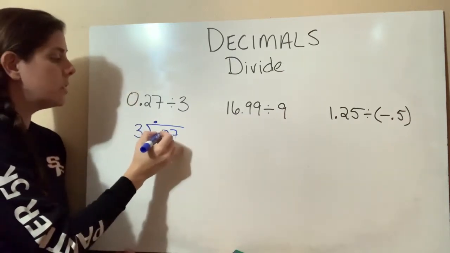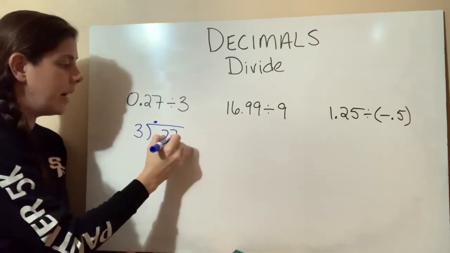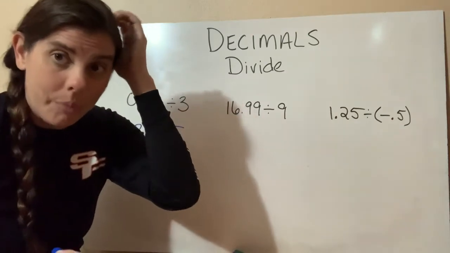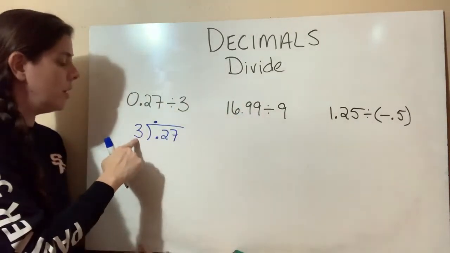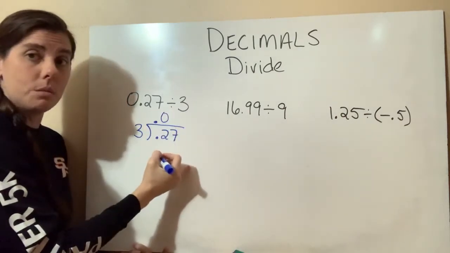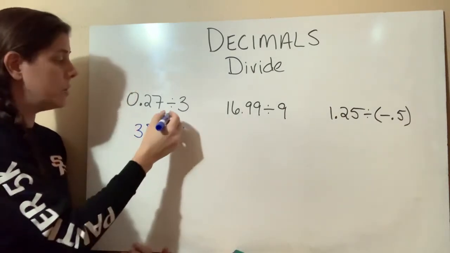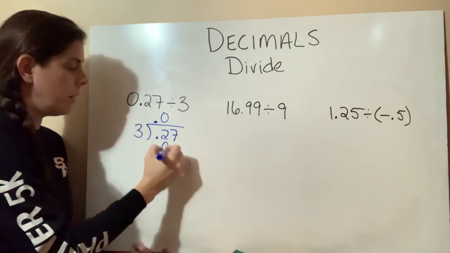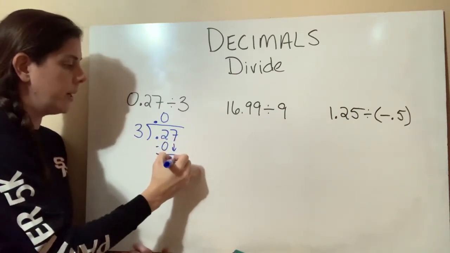So 3 goes into 27 9 times, okay? But we need to know where to put that 9. If we do long division, 3 goes into 2 0 times. 3 does not go into 2 at all. So 0 times 3 is 0. 2 minus 0 is 2. Bring down our 7.